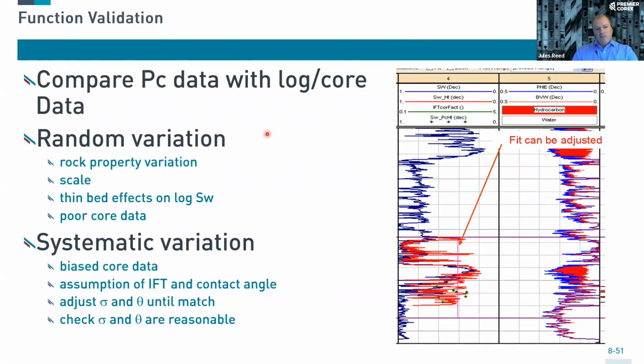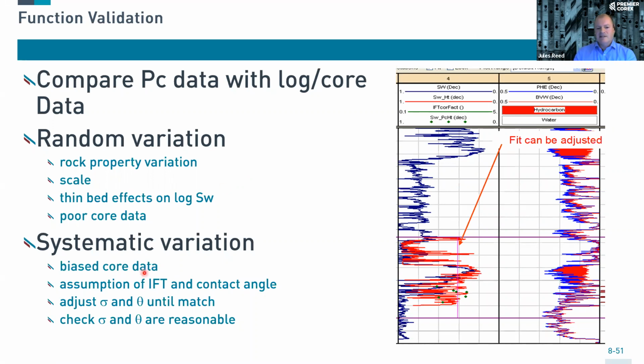And then we need to compare our data. So generally begin to look at how it correlates. Do you have random variation? In which case it's probably just variation in rock typing. So that's where building, say, a P10, P50, P90 allows you to look at the variation and make sure you're capturing that within your data set.